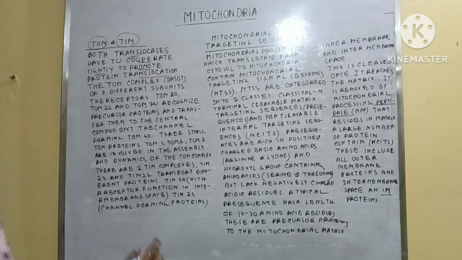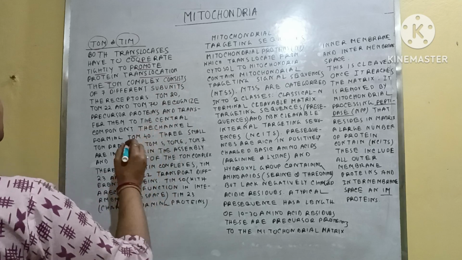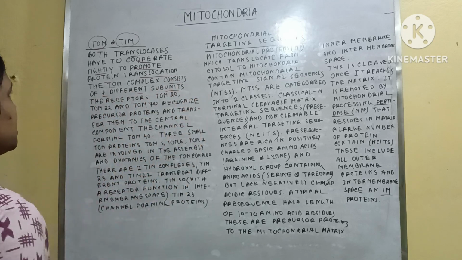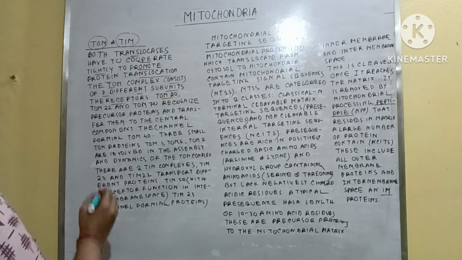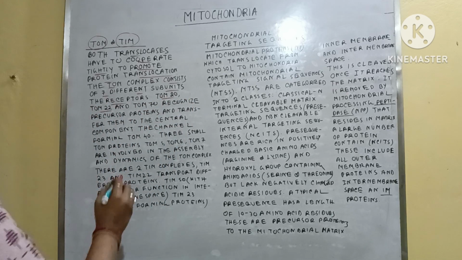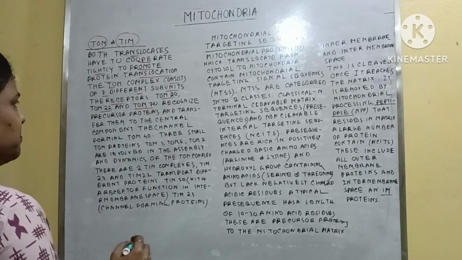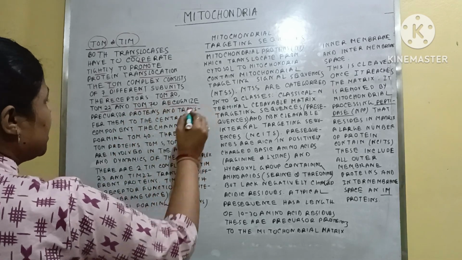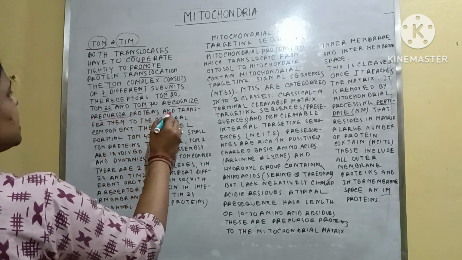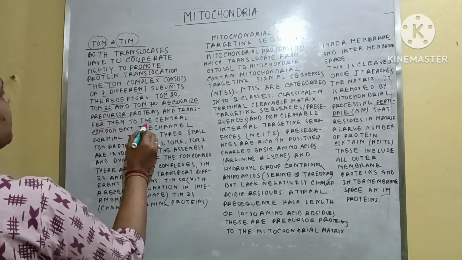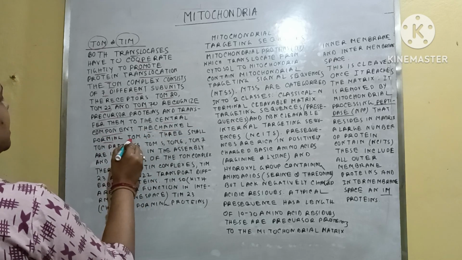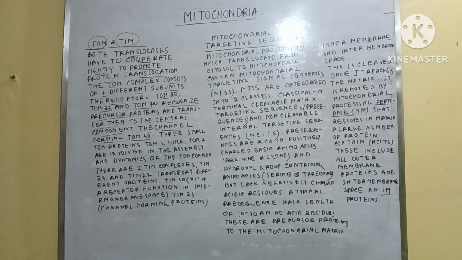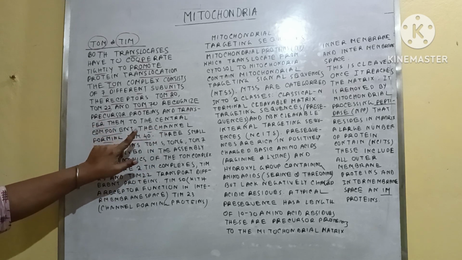The TOM complex consists of 7 different subunits. The receptors TOM20, TOM22 and TOM70 help to recognize precursor proteins and transfer them to the central component of the channel forming TOM40.